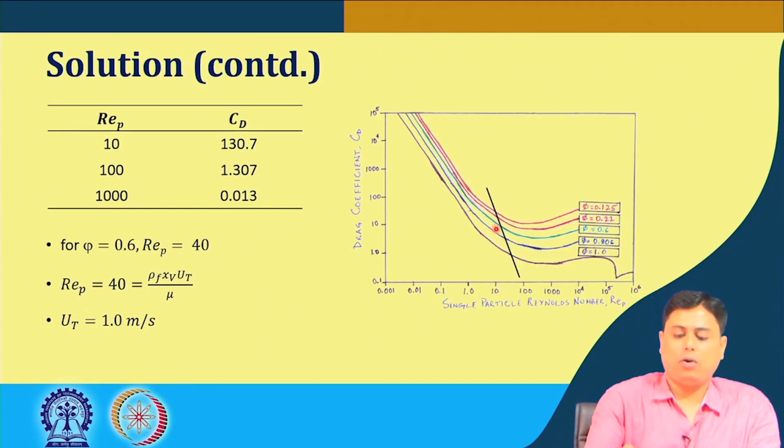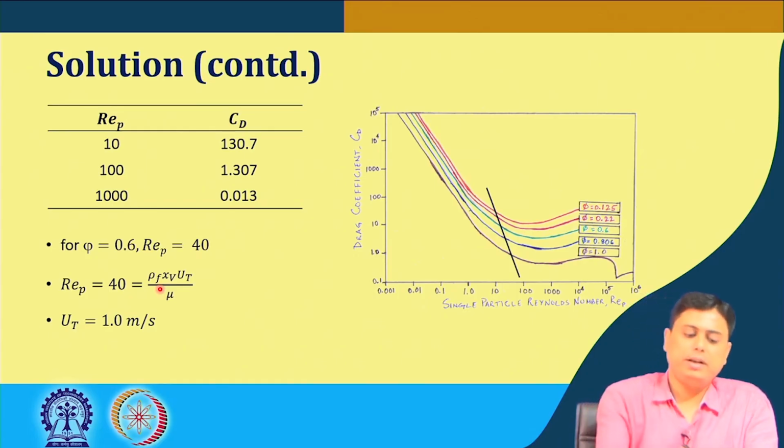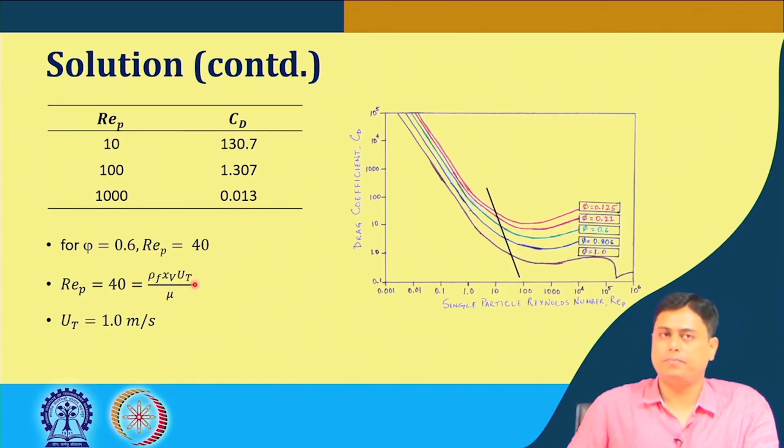Now this REP of 40 is known from the third line intersection. This REP is nothing but rho f times x v, which is the volume equivalent diameter, times ut, the terminal velocity, divided by the viscosity. We solve this for ut because x v is known. Remember, there is no place for the sphericity here.